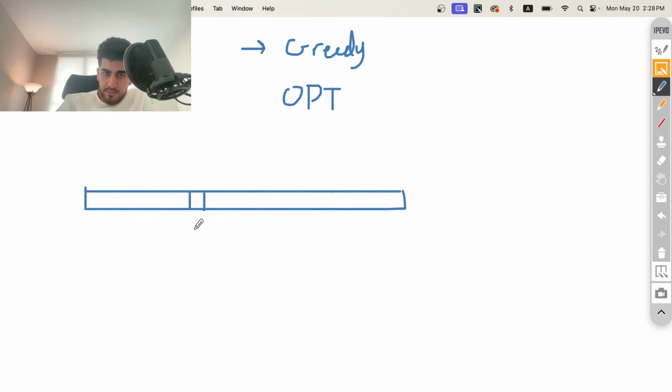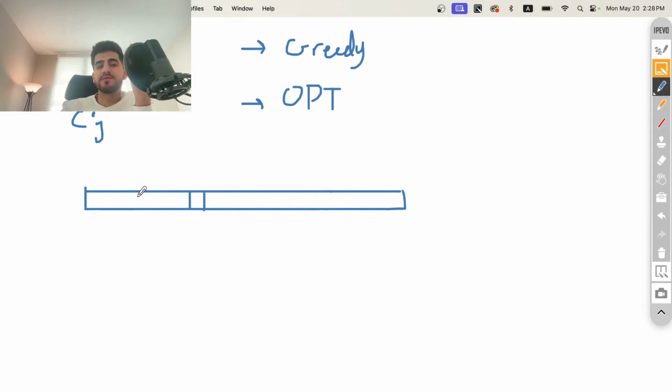There are 2 possibilities. Well, optimal has ignored this one in order to get another one for sure. So there is at least one other index, C of J, that optimal buys, but greedy does not buy that happiness. Okay, there should be at least one.